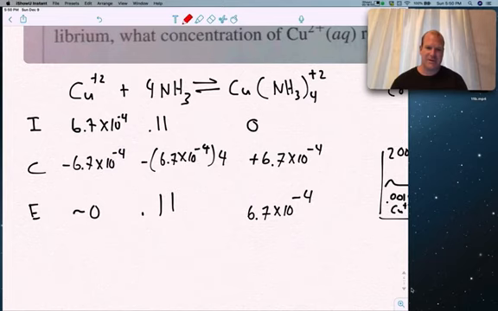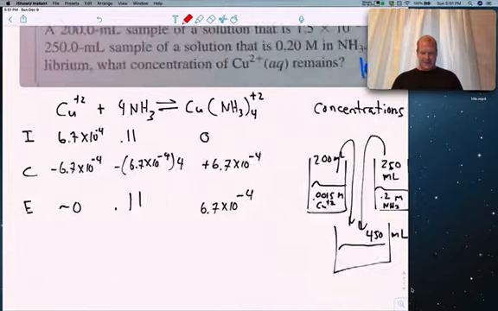So here are our initial conditions, and the idea is that we shift almost entirely to the right. So the copper basically goes to almost zero, the ammonia doesn't really change that much, and the copper complex is there.